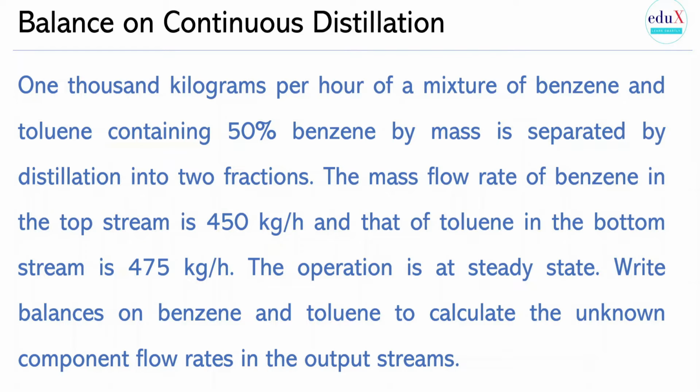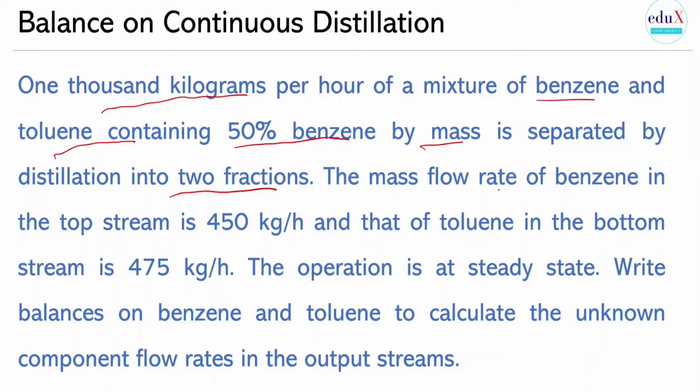1000 kilograms per hour of a mixture of benzene and toluene containing 50% benzene by mass is separated by distillation into two fractions.